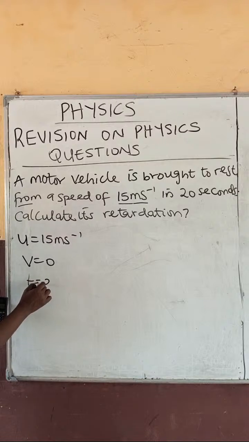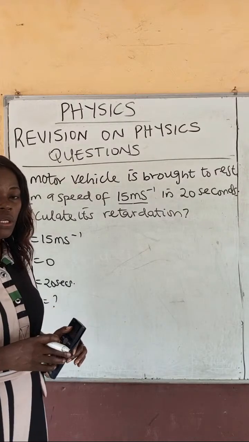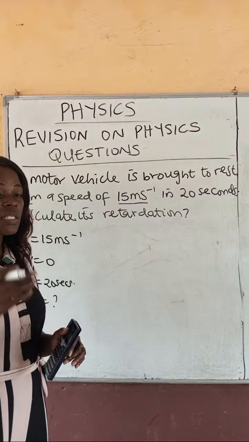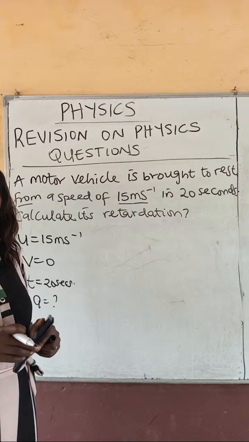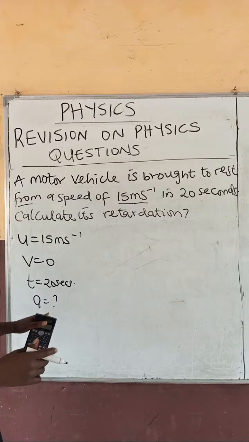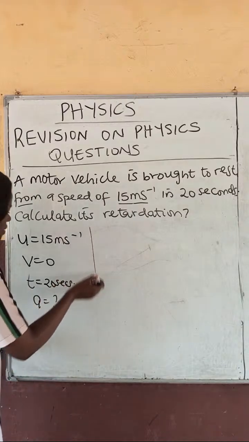And the time is 20 seconds. You're looking for acceleration, and I told you yesterday that retardation is the negative of acceleration. Even though we are looking for A, our value is going to have a negative sign.